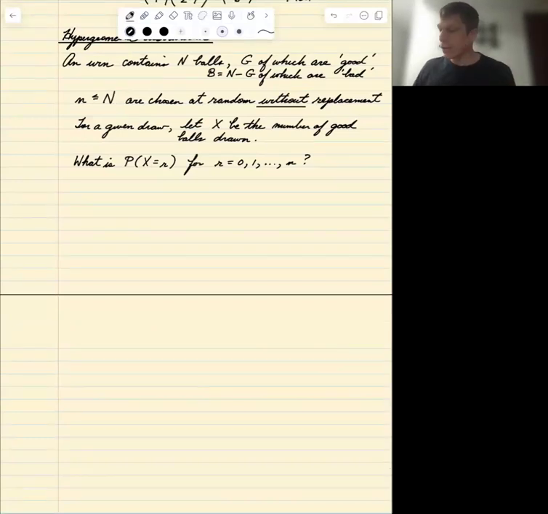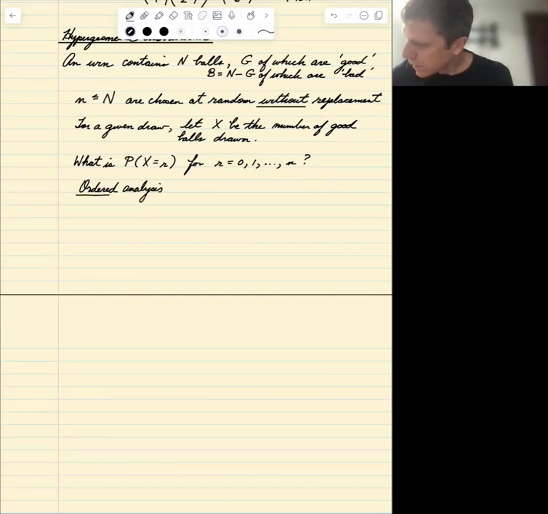We can do either analysis. In the ordered analysis, the probability that X is equal to R. Okay, how did we do it? First, we said, well, there's little n slots that we need to put R good balls in.